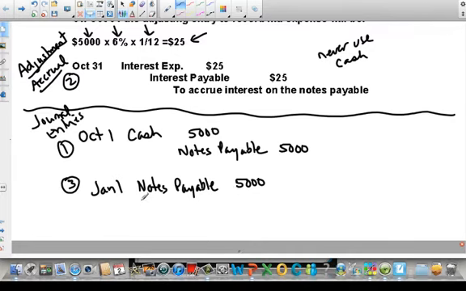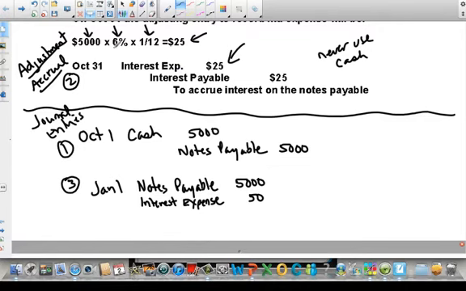I know we have to incur or record 2 more months of interest expense because we have 3 months of interest expense, but we've only recorded 1 month so that it would fall into the year before. But we do have 2 more months of interest, which is $50.